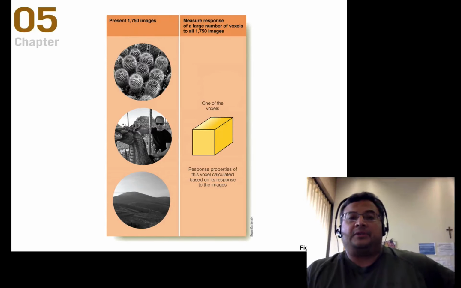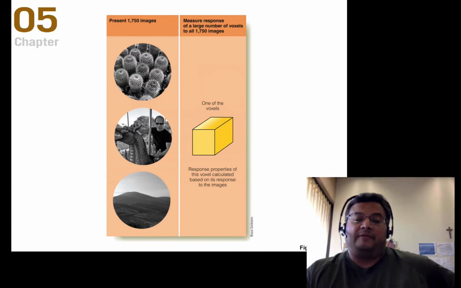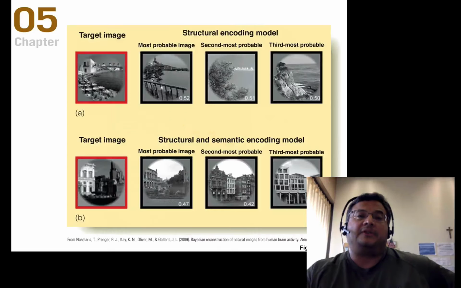For each voxel, we calculated the response to each one of the images, and we were able to build this model of the pattern of responses of the little patches of the visual cortex based on these images, to see if there is a pattern between what's being perceived in these images and how the voxels are firing.